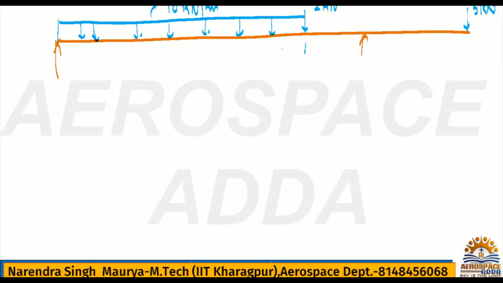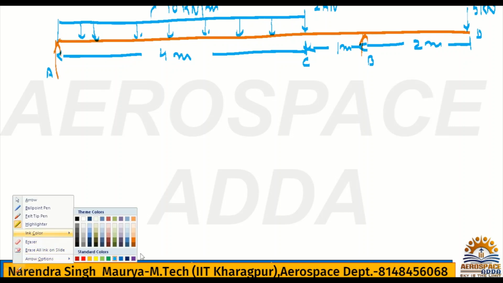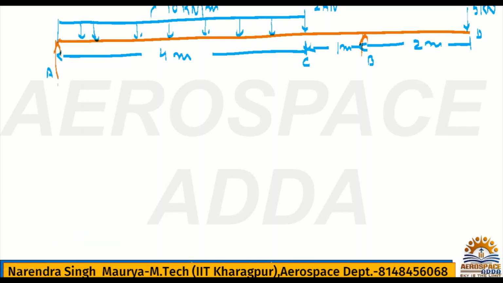How much is it? It's 4 meter. Dimension not required, but if you want you can write. And this is nothing but 1 meter. This is nothing but 2 meter. This is D, this is B, this is C, and this is A. Okay.